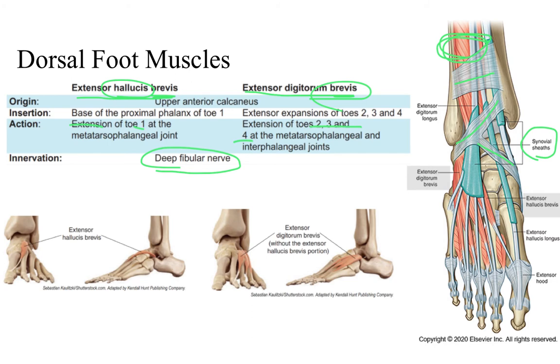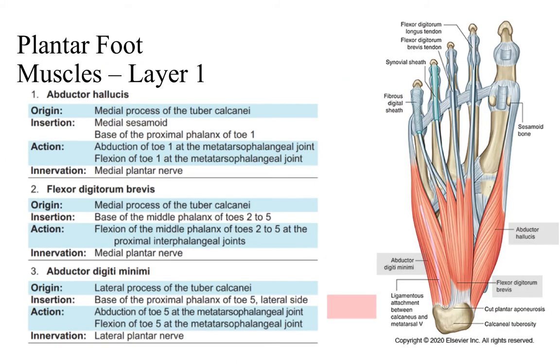So remember, synovial joints are well lubricated, and so think of these as lubricating sacs that the tendon is sliding through, so that you can maintain joint flexibility as the muscles are pulling on those tendons.